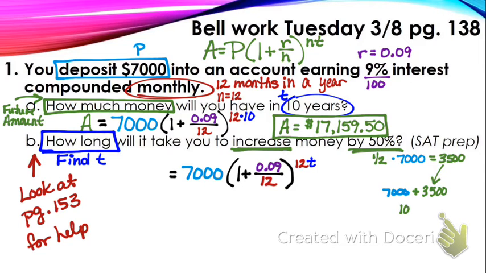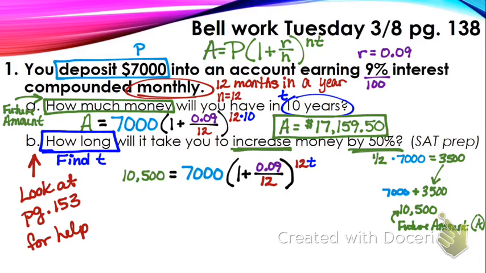So 10,500. This is our future amount, our A value. So I'm going to put that on the other side of the equal sign. 10,500.